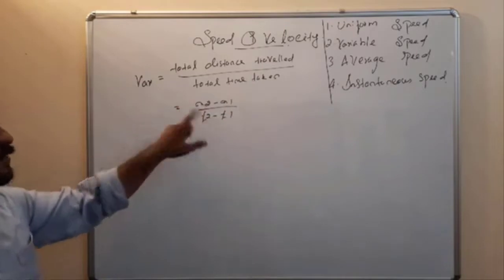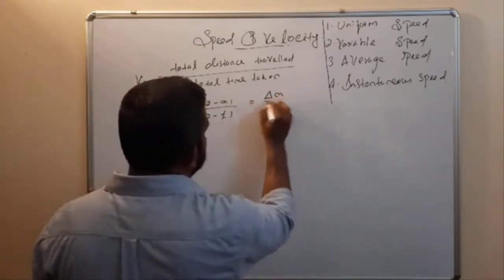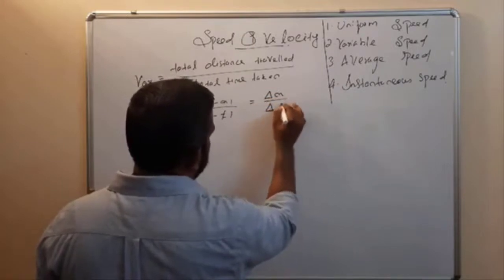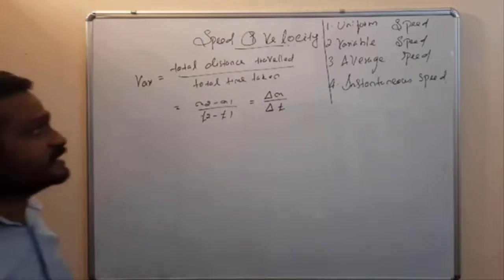So change in distance divided by change in time, that is equal to delta x by delta t. So that is average speed.